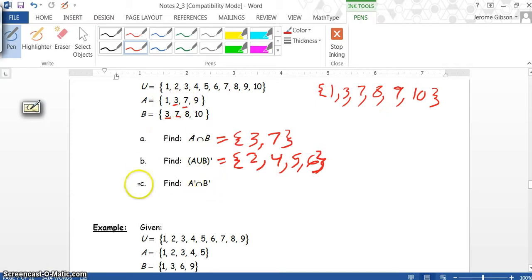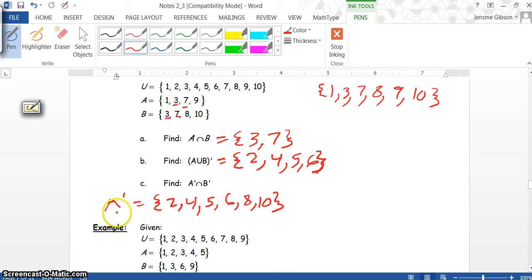So now it says find A complement intersect B complement. Let's write what our A complement is, and then also our B complement. We have A is 1, 3, 7, 9. So A complement would be 2, 4, 5, 6, 8, and 10.